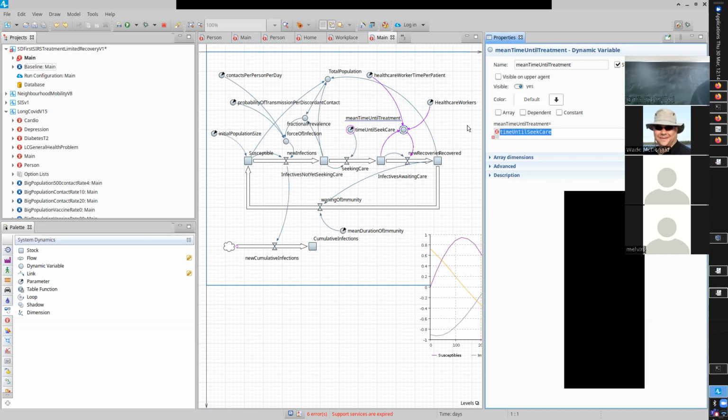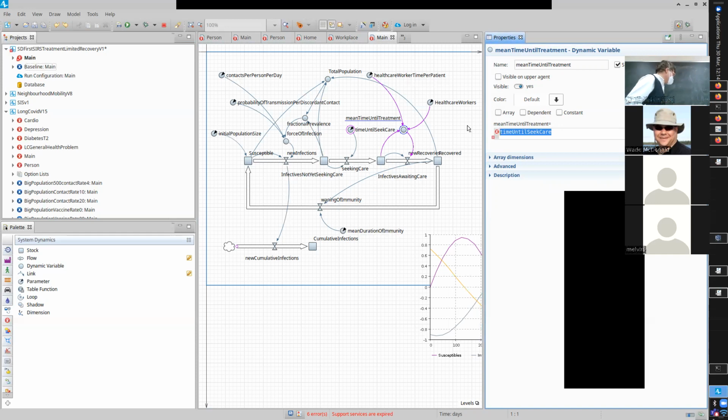We'll call it W. So if you have this many people awaiting care, you have 8 healthcare workers, and it takes each healthcare worker a certain amount of time given by rho to treat each patient, how long will it take for the patients to get care?